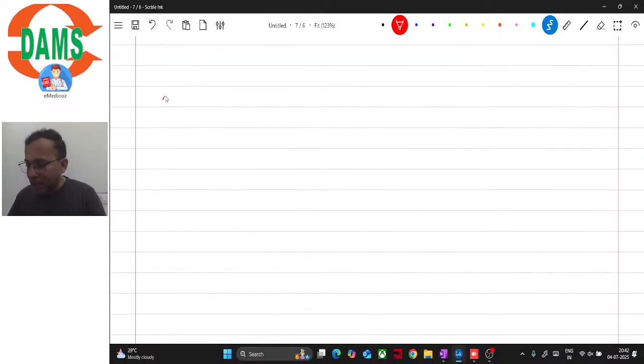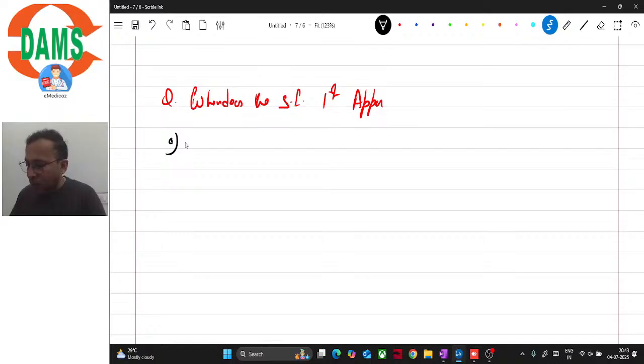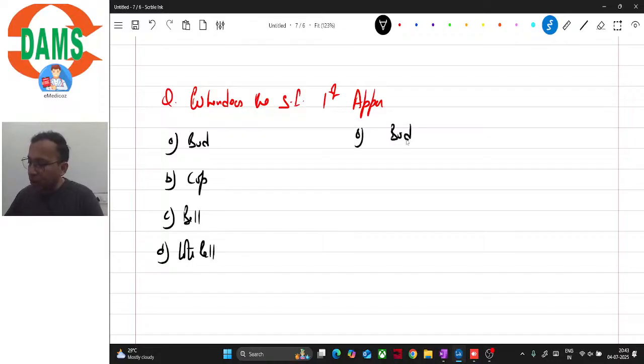So let's say the question is, when does the stratum intermedium first appear? One set of options is bud, cap, bell, late bell, and the other set of options is bud, cap, bell, initiation.